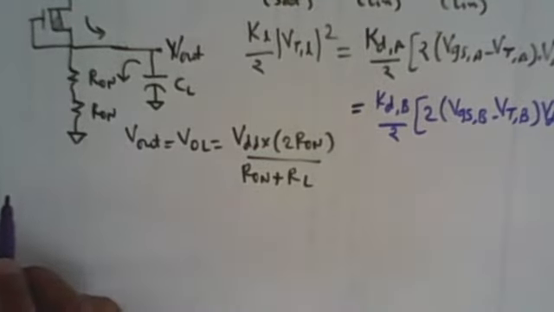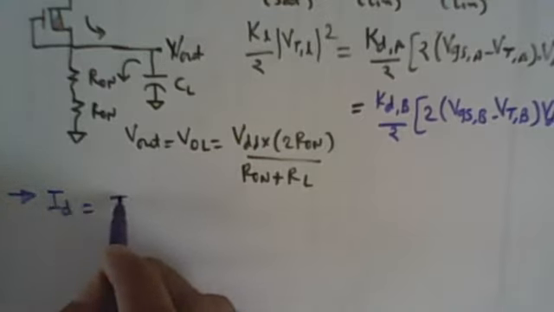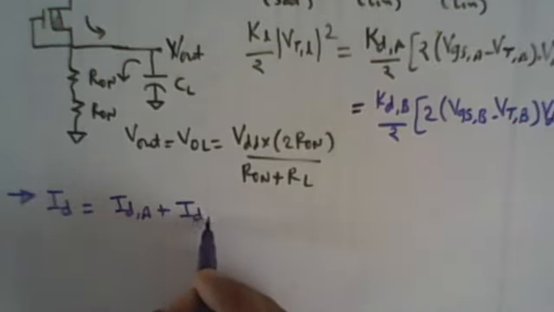So let me take the average ID current. It is equal to ID of A plus ID of B by 2.